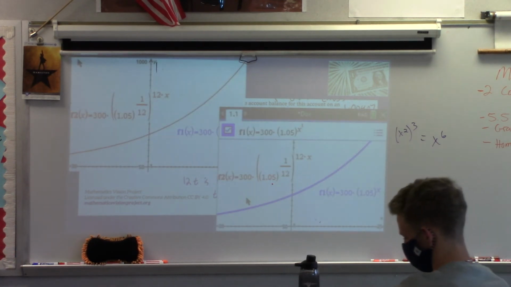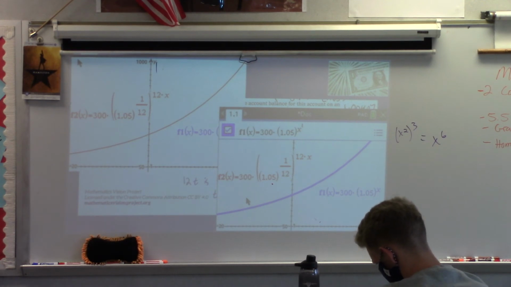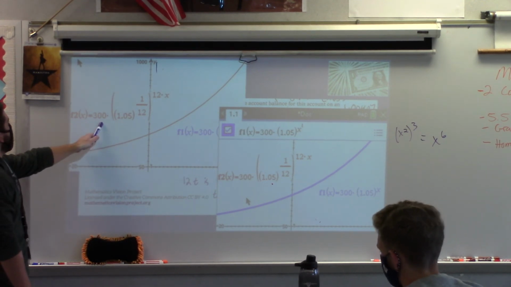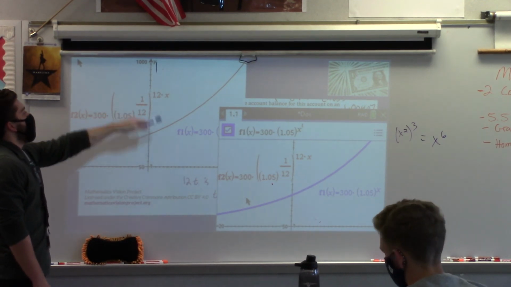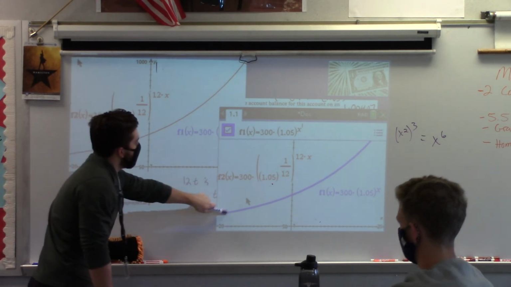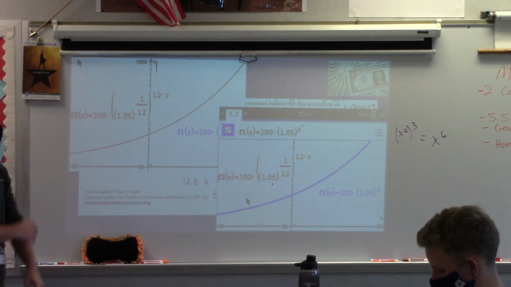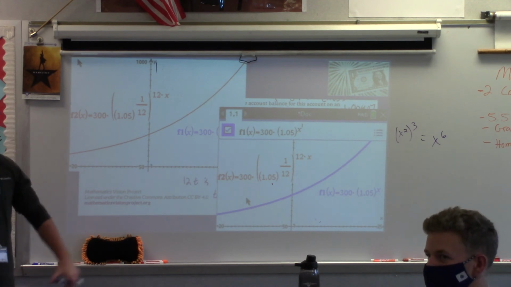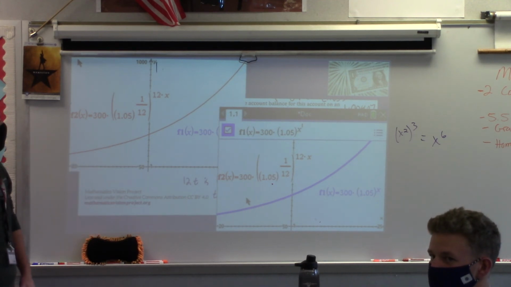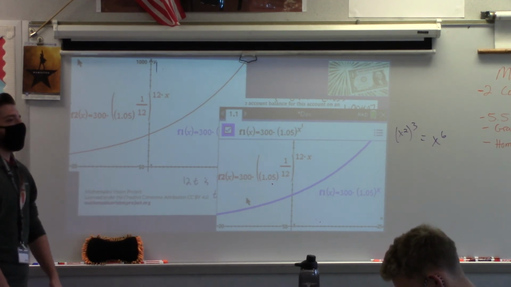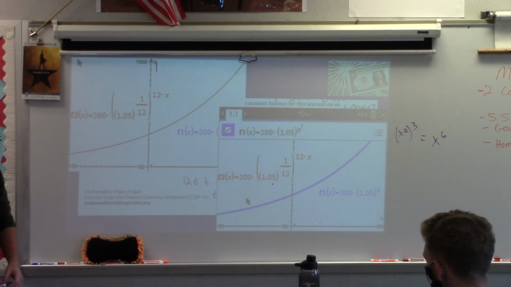When you plug it into the calculator, this is what you get for 1.05 to the 1/12 to the 12x. This is what you get for 300 times 1.05 to the x. Are those two the same? Those two graphs look the same to you, other than the color. The red one has more of a curve to it, and the blue one kind of has a slow curve.